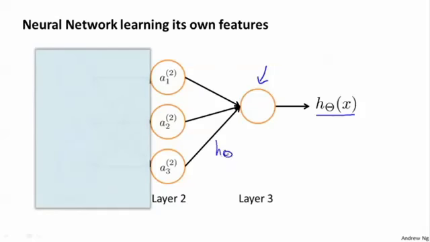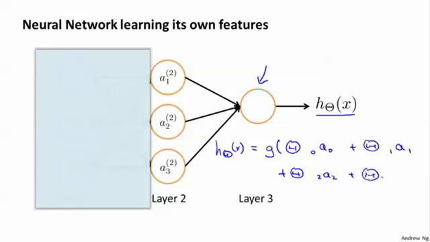And concretely, what the hypothesis is outputting is h of x equals g, my sigmoid activation function, times theta 0 times a0, which is equal to 1, plus theta 1 times a1, plus theta 2 times a2 plus theta 3 times a3, where the values a1, a2, a3 are those given by these three hidden units.